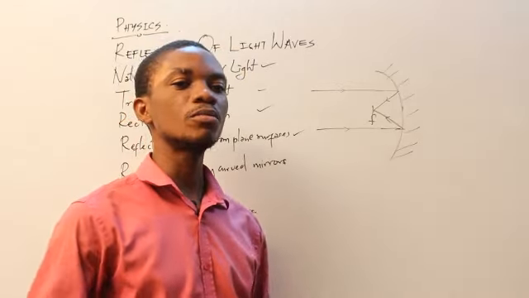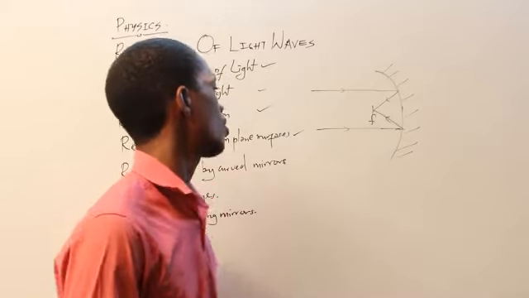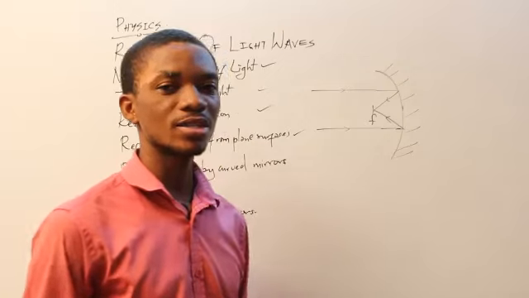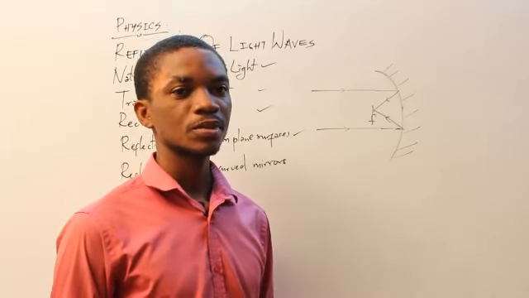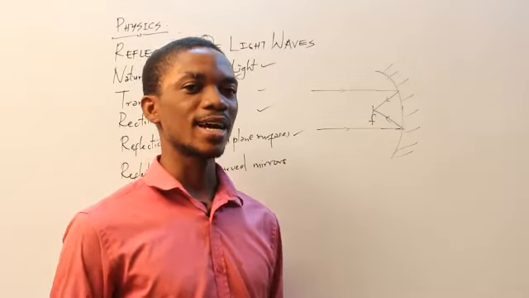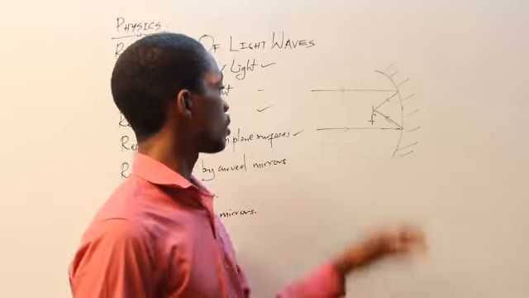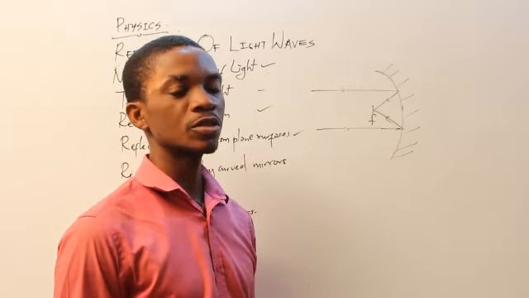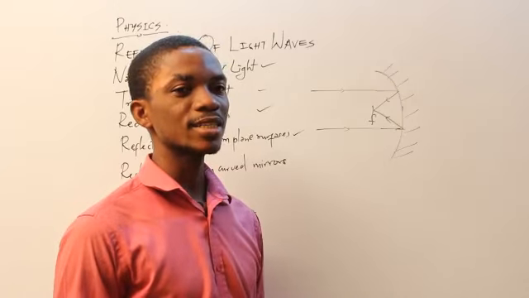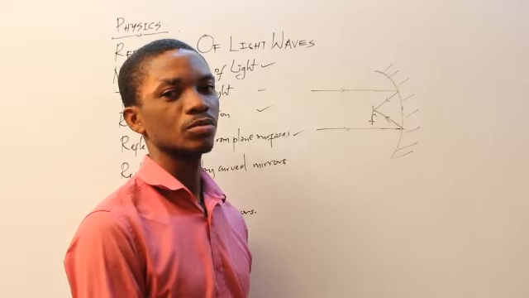The image is not formed on the mirror. That is what we experience when we are looking at our convex mirrors. The images they form are apparent. They look like they are at the back of the mirror. But in our concave mirrors, the images are real, because when the light is reflected back, we can actually look at the image itself.